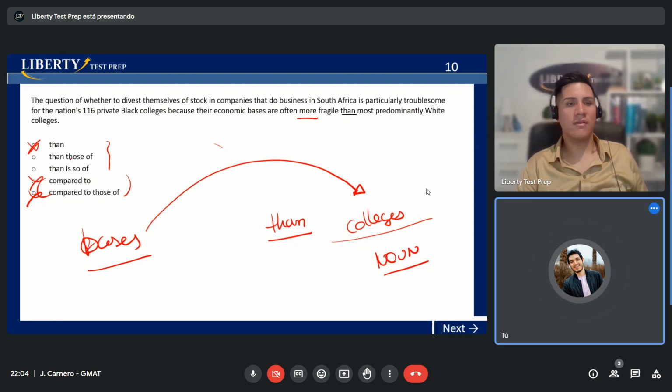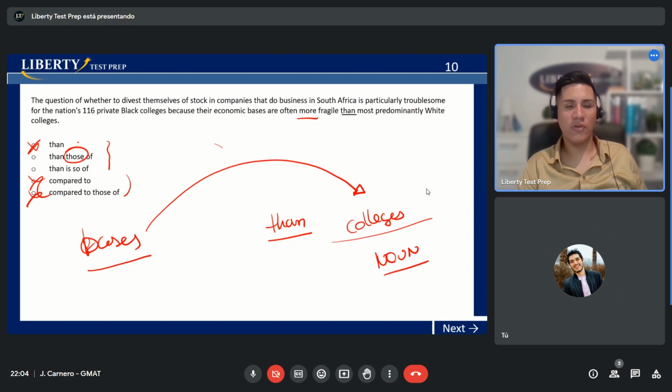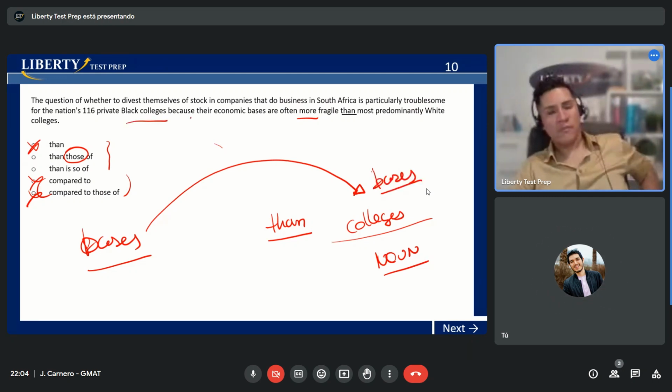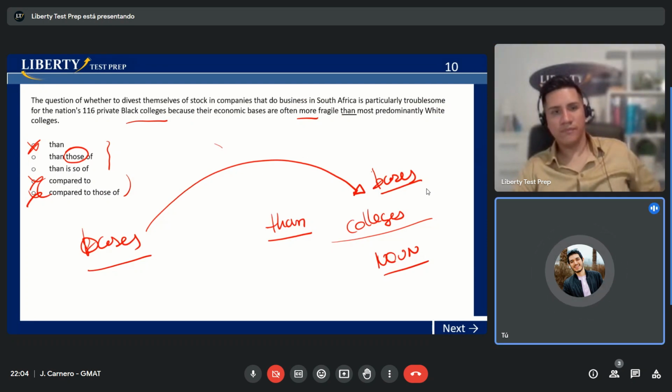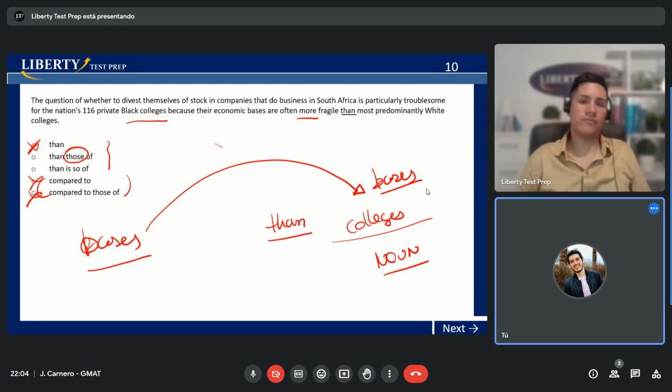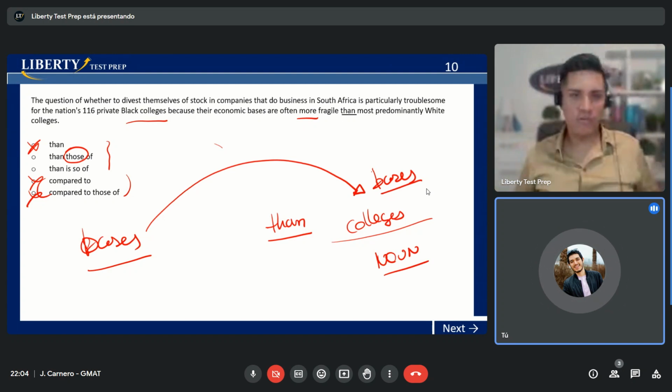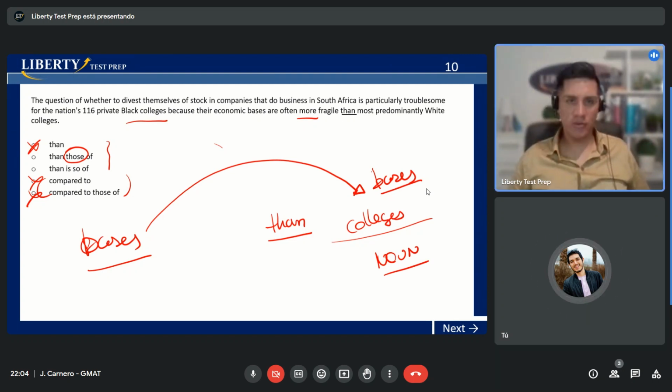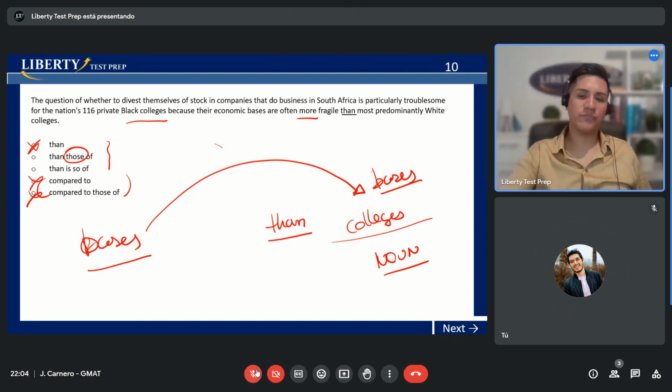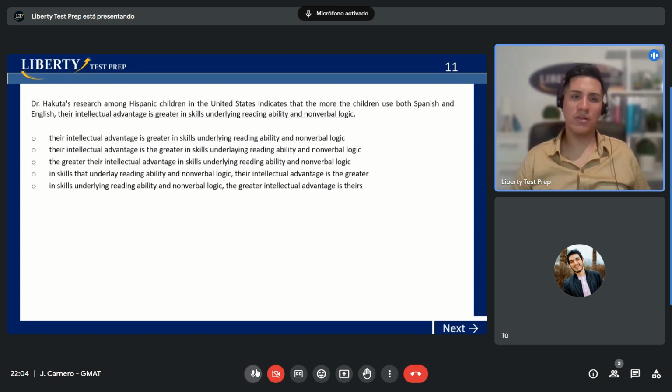That's why "those" makes sense, because "those" is going to copy the basis. Yes, "those" is fine because you're copying the basis, and that's what you want to compare. Very good. And now we go to number 11.